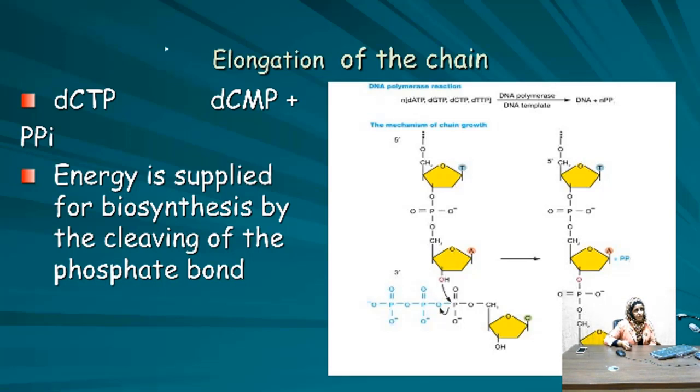By DNA polymerases, this results in DNA plus pyrophosphate. This also shows the mechanism of chain growth, which contains the 4 types of nucleotides, also the sugar and the phosphate group.